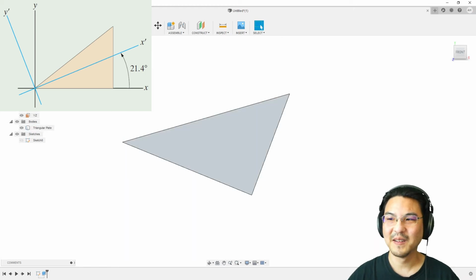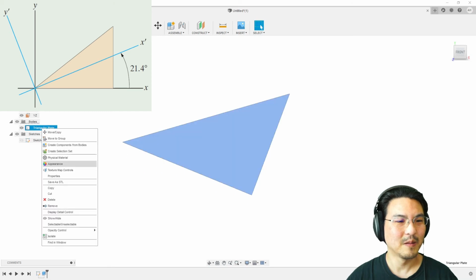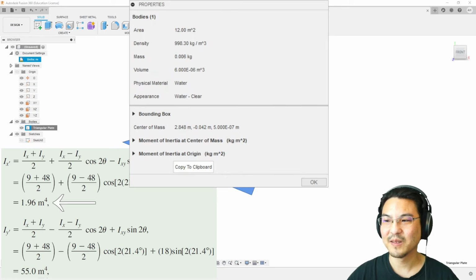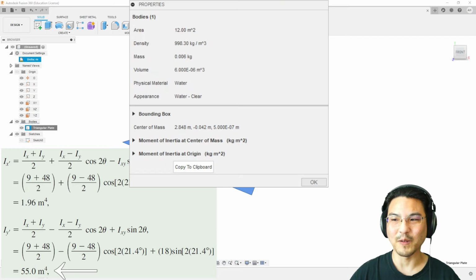Okay, so allegedly, if we look at the properties, we're expecting to see Ix be 1.96, well, divided by 1,000. Iy is going to be 55, so 0.055. And the product of inertia should be 0.